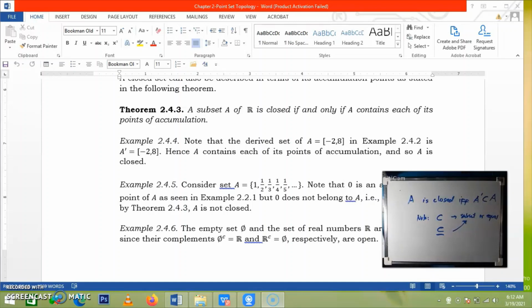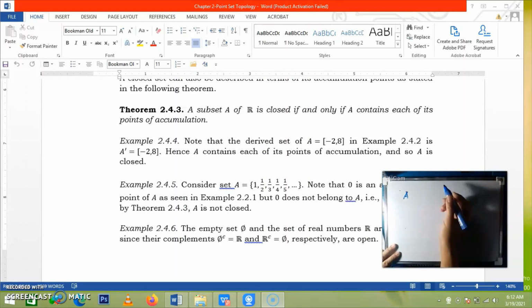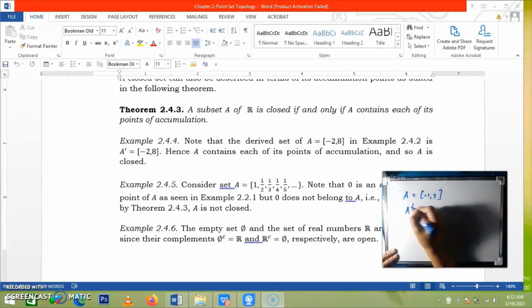So let us try to consider an example here. For example, let us have A be equal to this one. And of course, in our previous discussion on the accumulation points, the derived set of this is equal to itself.